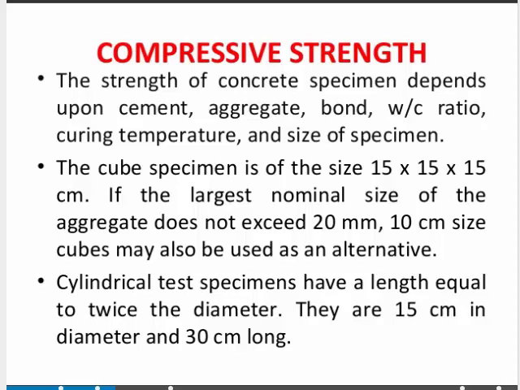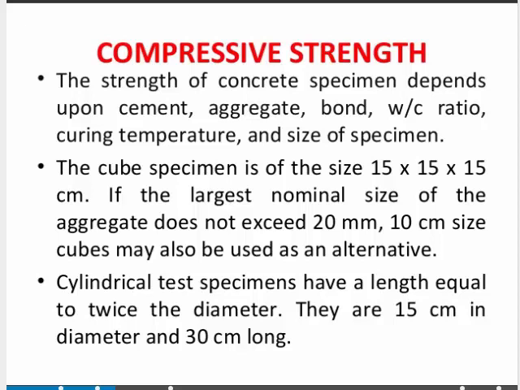Cylindrical test specimens have a length equal to twice the diameter. They are 15 centimeter in diameter and 30 centimeter long. So these are the molds, and these are the specimens for the compressive strength test.